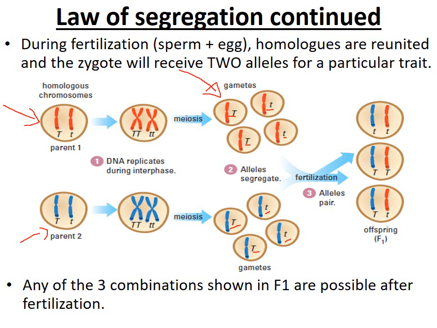And that gives you a lot of combinations. So for example, this gamete might fertilize with that gamete, and you'd get a big T, big T. This one here might fertilize with this one, and you get a big T, little t. This one here might fertilize with this one here, and you get a little t, little t. So there's a variety of gametes, and you get different combinations based on what gametes are selected to go through the fertilization process.